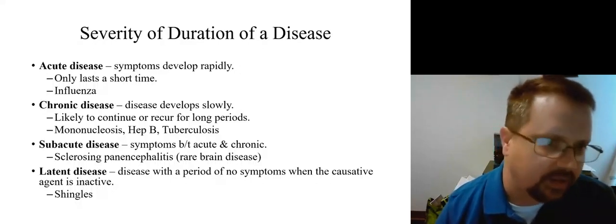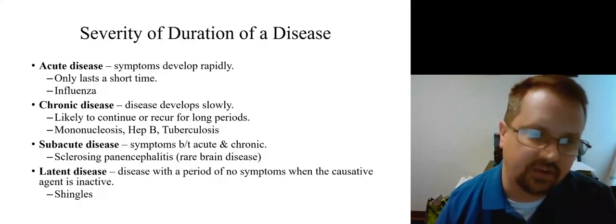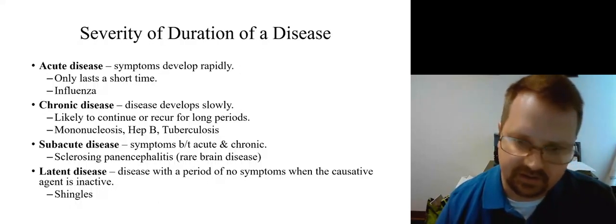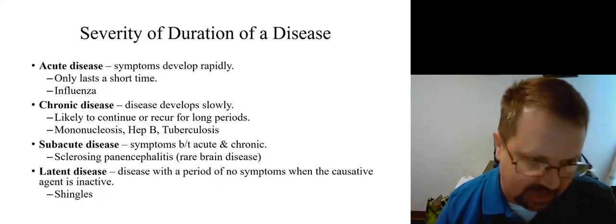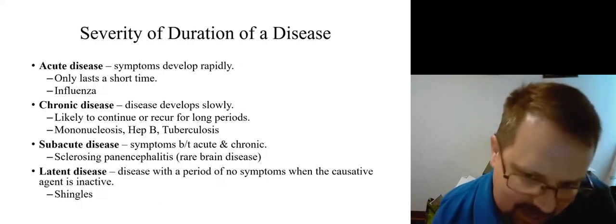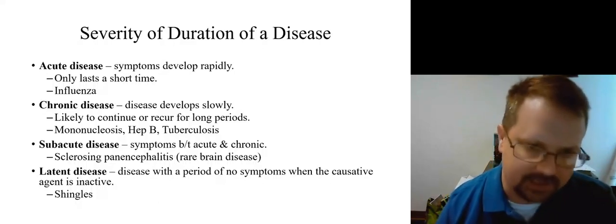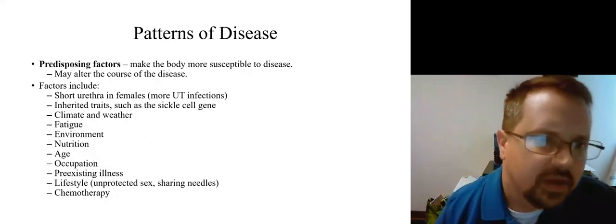It goes back and forth. Latent disease, there's a period with no symptoms, but the virus is inactive. It's in a dormant state, like shingles. The virus is actually dormant in the cells.